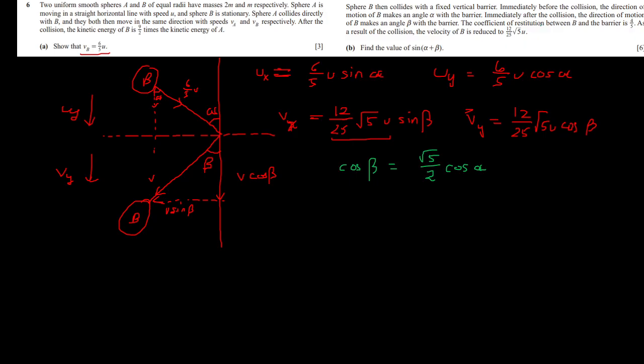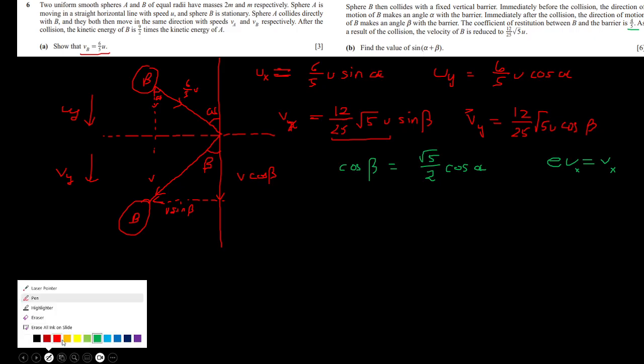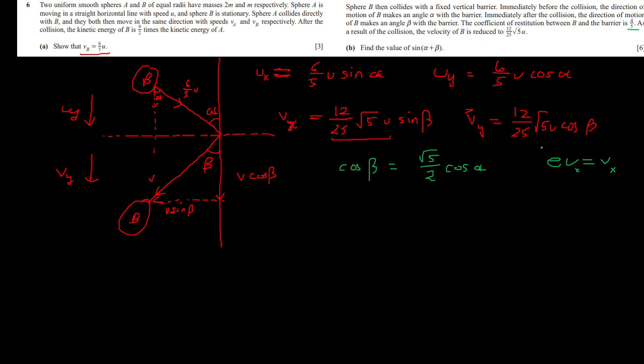Now it says that the coefficient of restitution is 4 by 5, and that tells us something, because now we have to apply the relationship e times ux equals vx. So that's the new formula we have to apply. So ux is 6 by 5 u sine alpha.